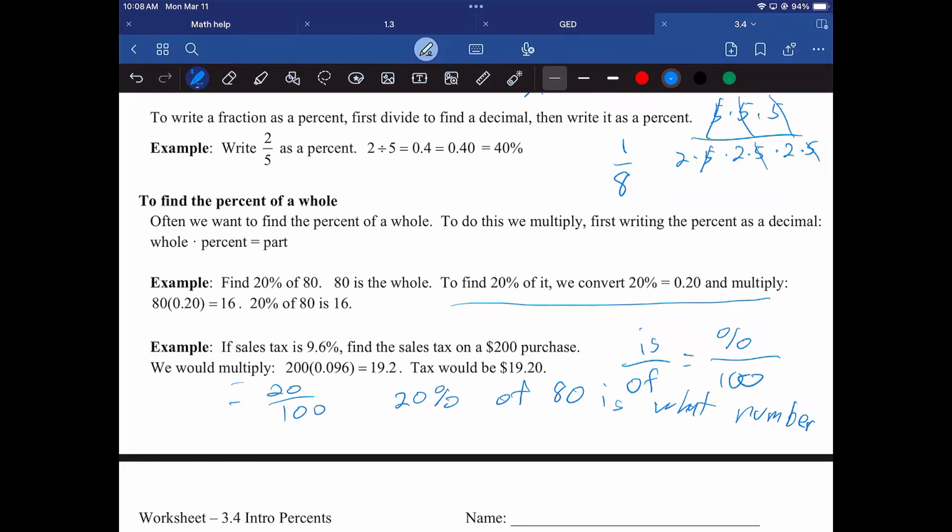I don't know. So we're going to put an x, and then the of is 80. And so now I'm going to cross multiply. And when I do, I'm going to get 20 times 80, so 1600 is equal to 100x. Divide both sides by 100. I get x is equal to 16.